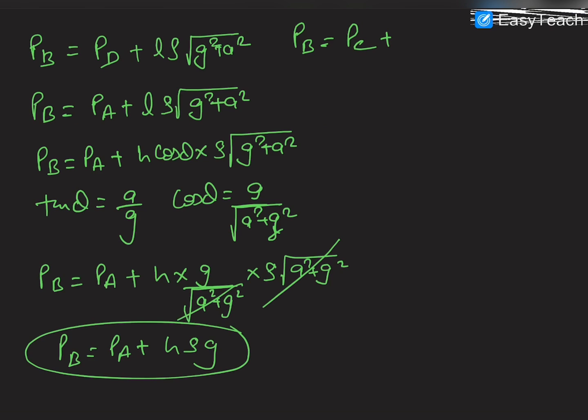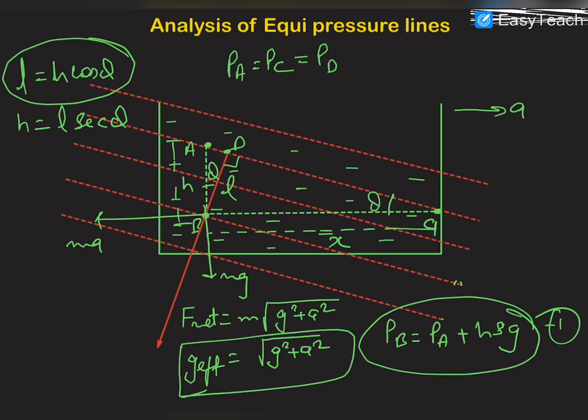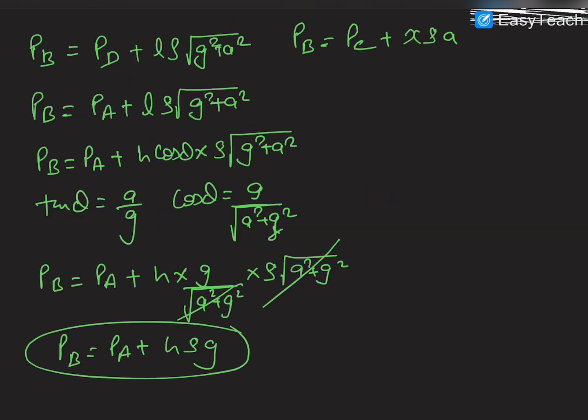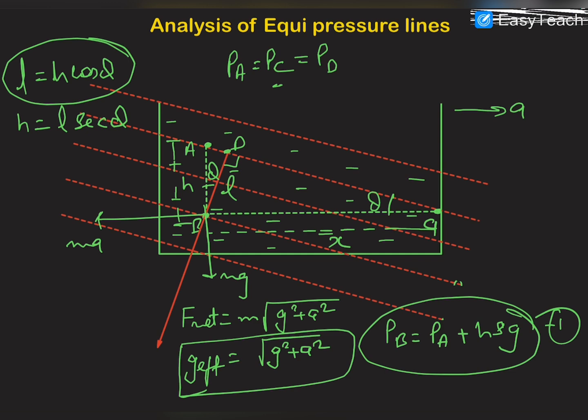So it would be x rho a. Now again you know that PC is equal to PA. So I will be writing PB is equal to PA plus x rho a.